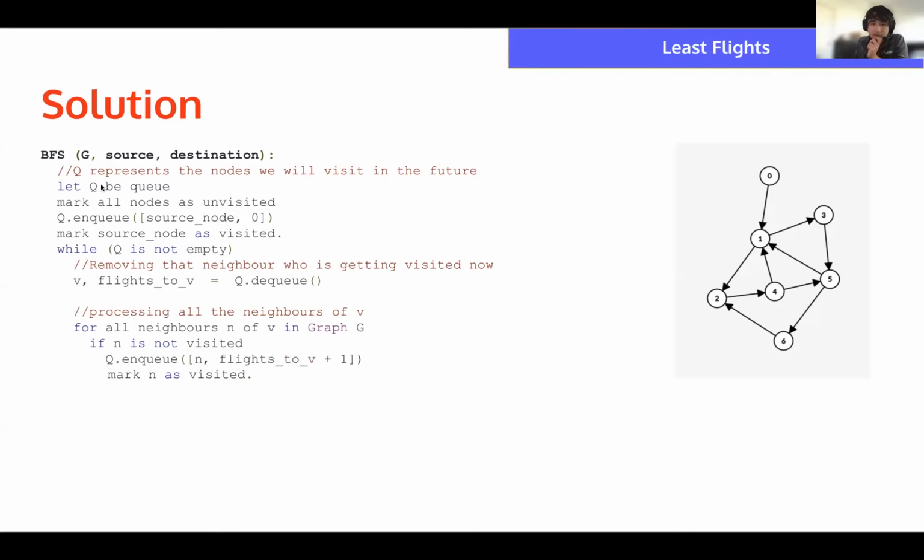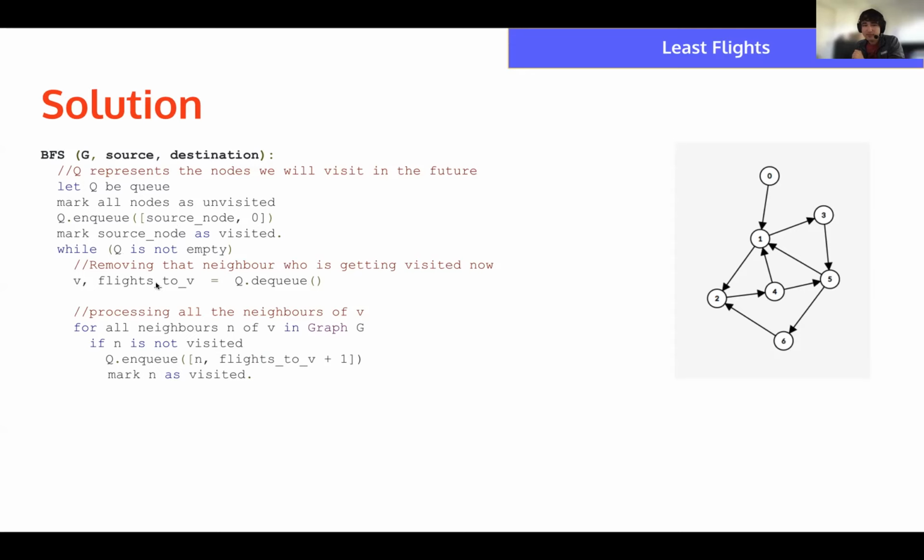So we have our queue, we mark everything as unvisited, and then we're going to enqueue a tuple of the source node and 0. This is pseudocode. That means it took 0 flights to get to the source node.